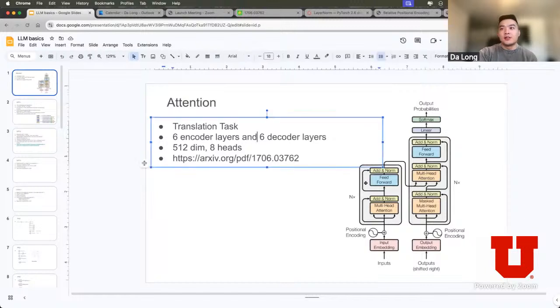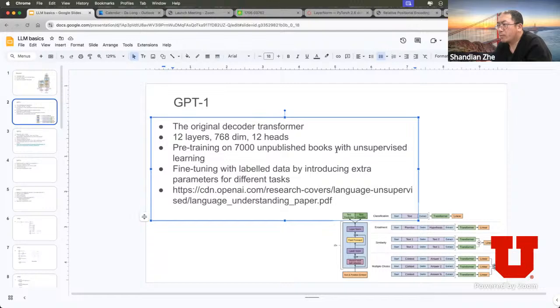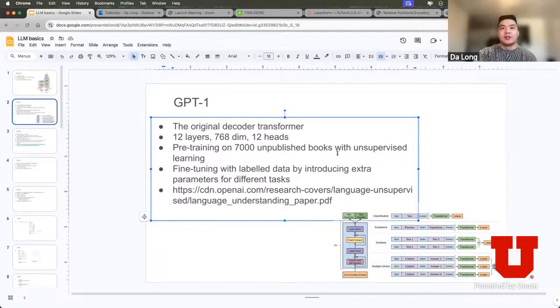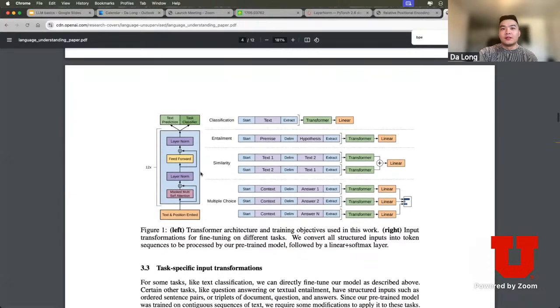Because in the attention is all you need paper, it's sequence prediction, you have to create a label, right? But in the GPT-1, you don't need to create a label. You just put all of the text into the model and do the unsupervised learning. So you can say it's also the first paper to do unsupervised learning. But for the downstream tasks, they have to fine tune and train extra parameters.